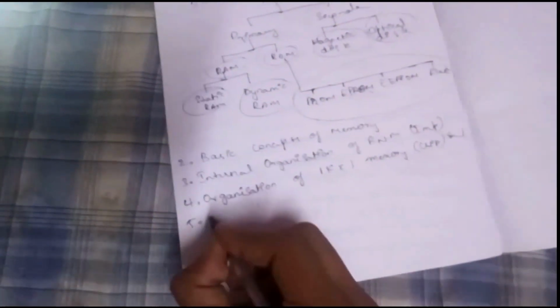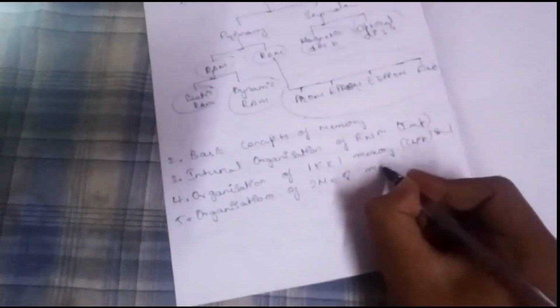Important. Fifth one, organization of 2M into 8 memory chips. The sixth question will be the difference between SRAM and DRAM. Mostly they won't ask it, but they can. These are the important questions from the third module. You have to study everything in order to score 15 plus marks in this module.